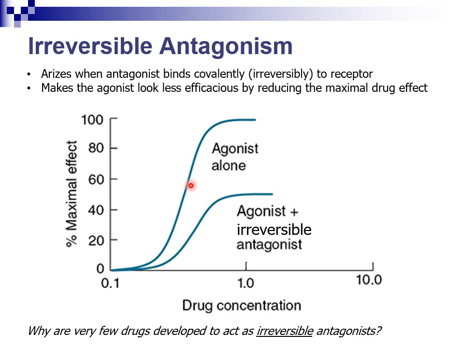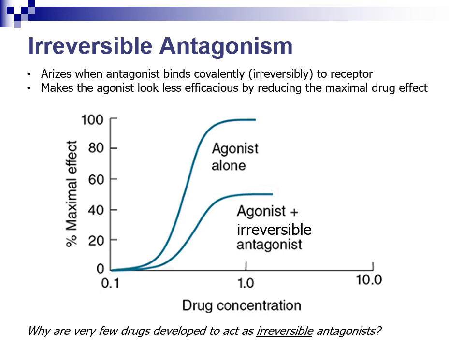Now, when an antagonist is an irreversible antagonist, it actually pulls those receptors out of the picture. So now, no matter how much of the norepinephrine is there, the ceiling effect is reduced because the number of receptors themselves has been reduced.